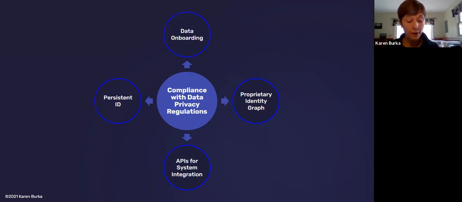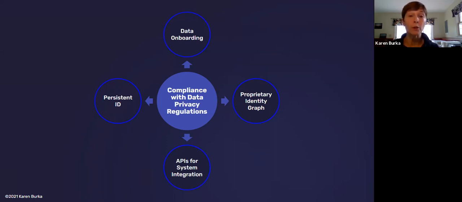They're making it very difficult for advertisers and marketers to get their own data about their own users. It's completely anonymized and you can manipulate it, but you can't take it with you. So these are all the challenges facing marketers in terms of data privacy regulations. Not only is it important to comply with these regulations legally, but ethically, the stewardship of customer data makes good business sense and builds customer trust in the brand.